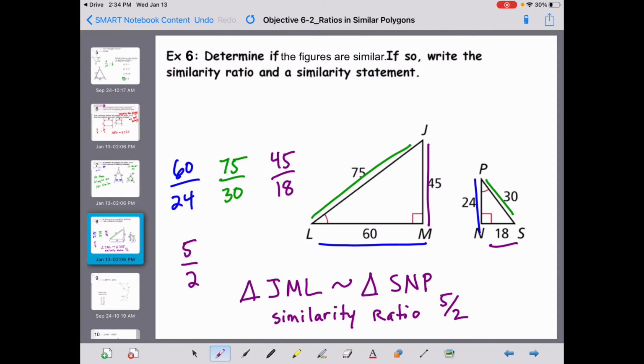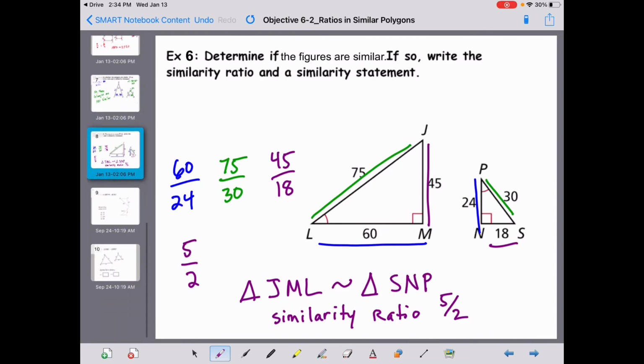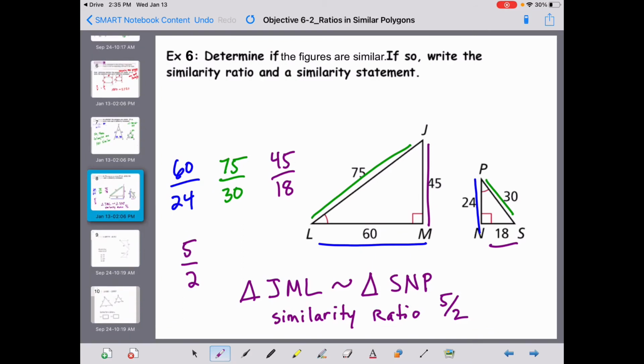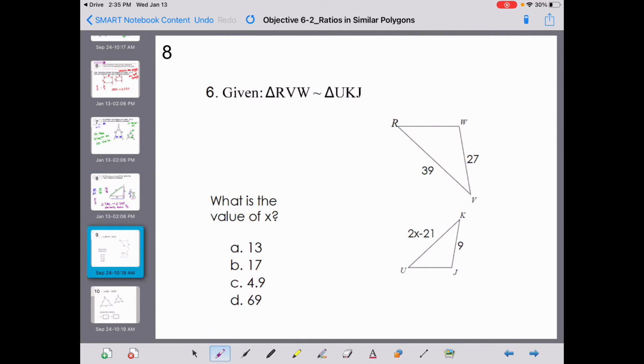Now, yeah, I could have named the triangle a little bit different. That's okay. I hope you remember that. All right, my numbers are a little funny here. I'm not real sure why.